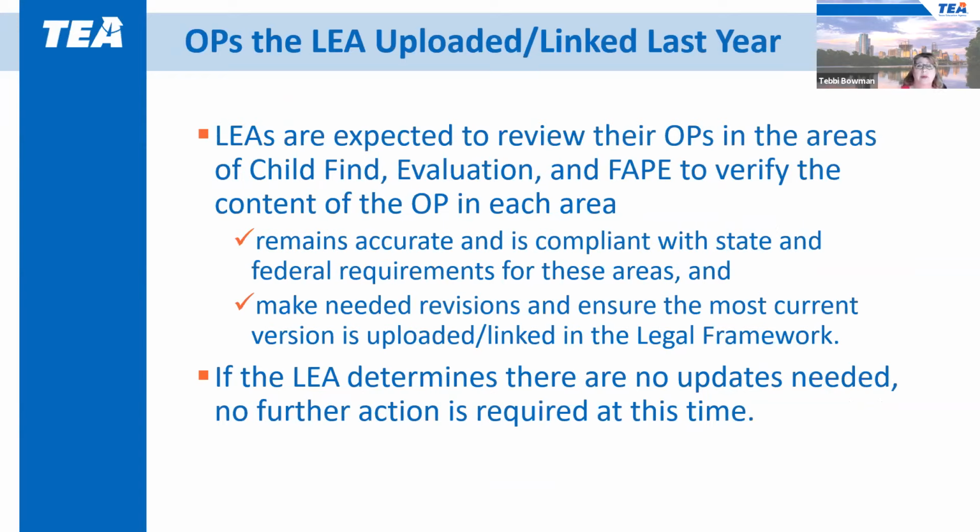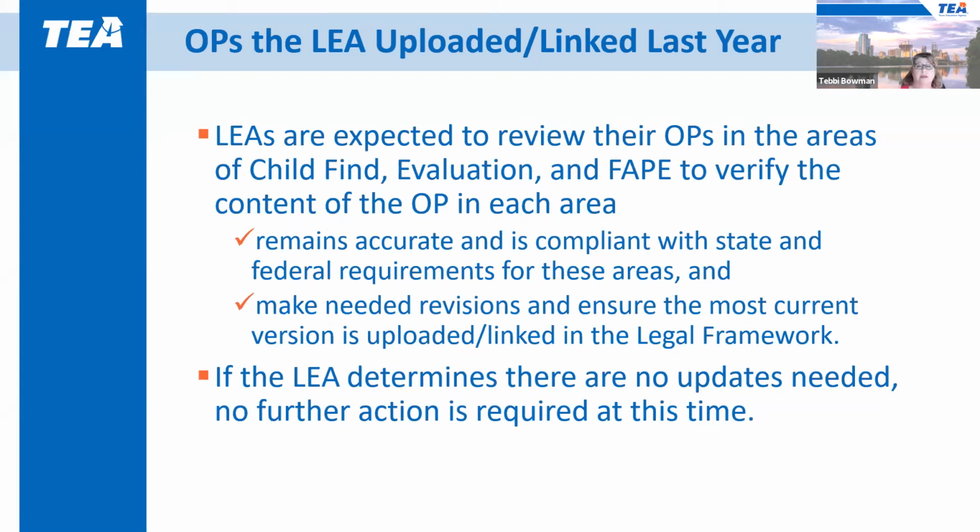The LEAs are expected to review their operating procedures that they uploaded last year, in the areas of child find, evaluation, and FAPE, to verify that the content in each area remains accurate and is in compliance with state and federal regulations in these areas, and make any needed revisions to ensure the most current version is uploaded or linked in the legal framework.